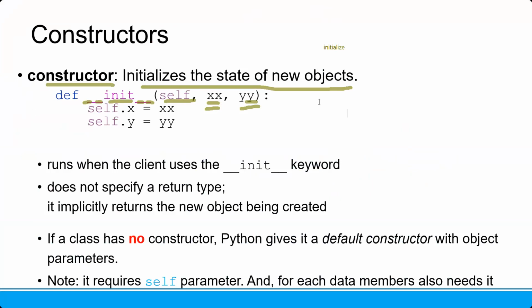If we have the class of student, let's say I want to include the student ID and the student name. Then it means I can make two variables, student ID and student name here.